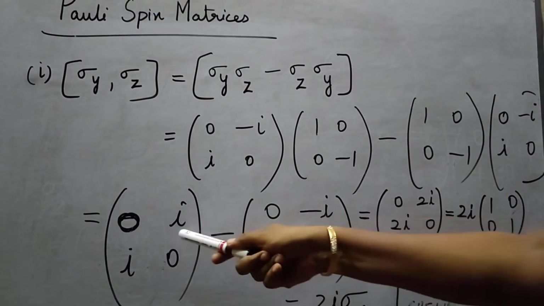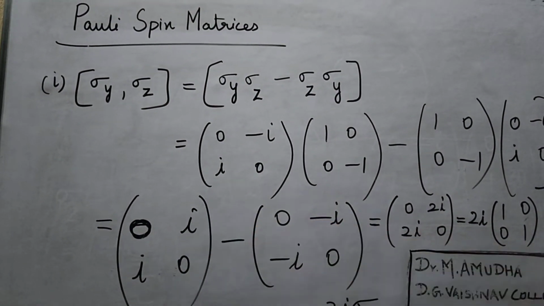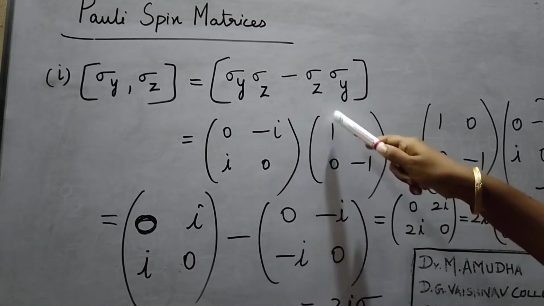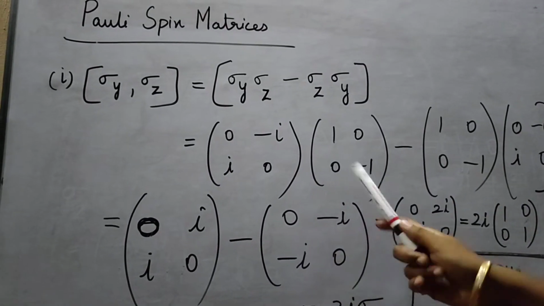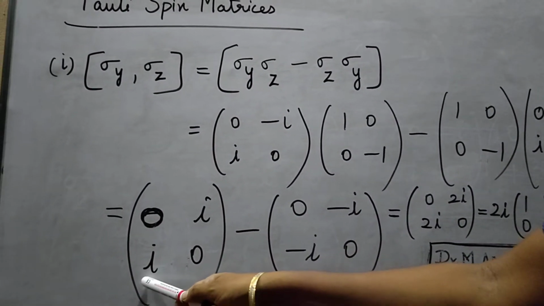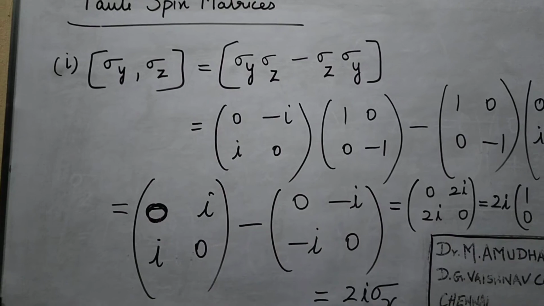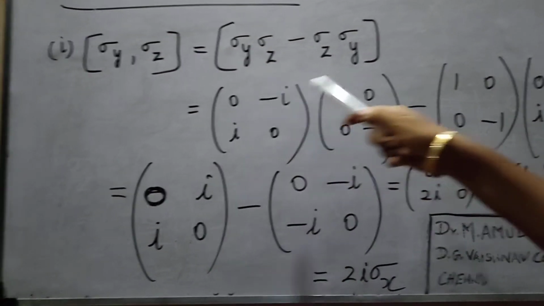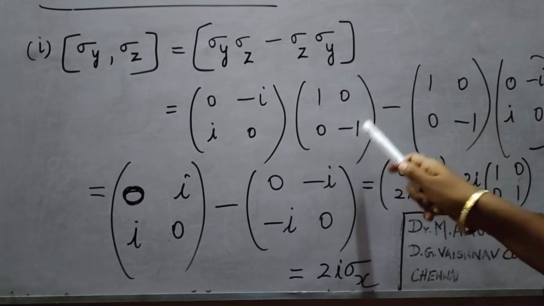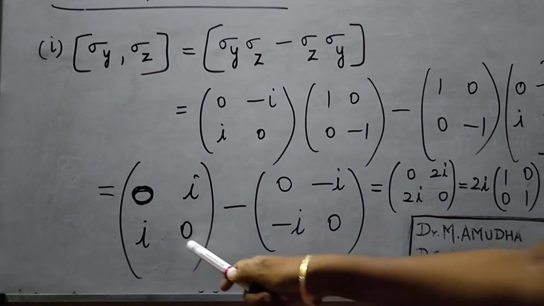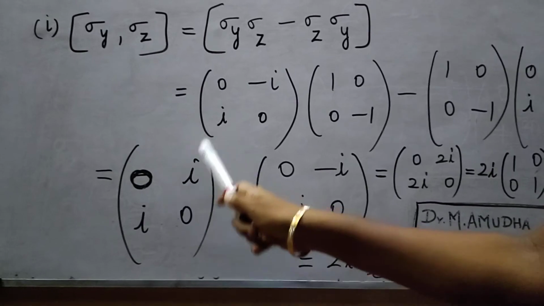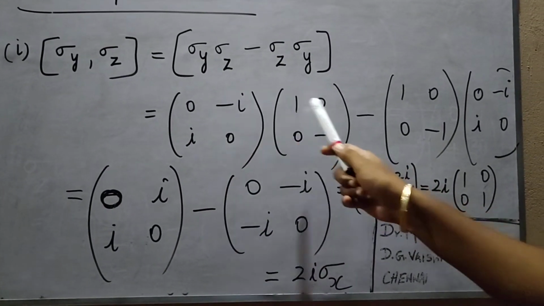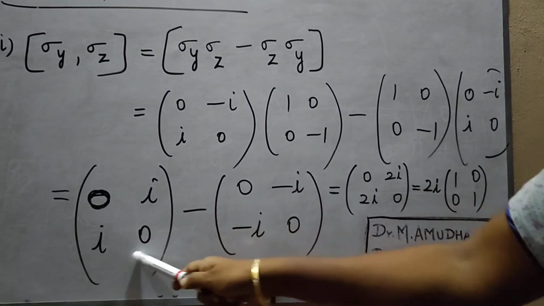So the solution is plus i. Put it in this place. Then once again row into column, i into 1, 0 into 0. When you add these two, the solution is i. Put it at this place of the matrix. And now the last one, i into 0 as well as 0 into minus 1. Both zeros when you add together also give 0. So the final solution of the multiplication of these two matrices is 0, i, i, 0.